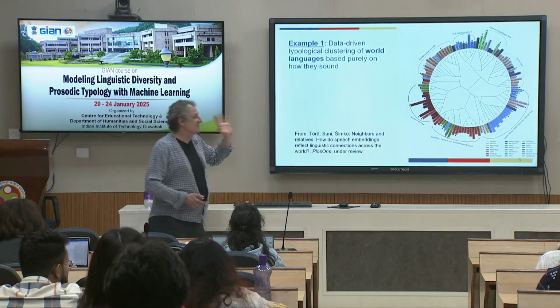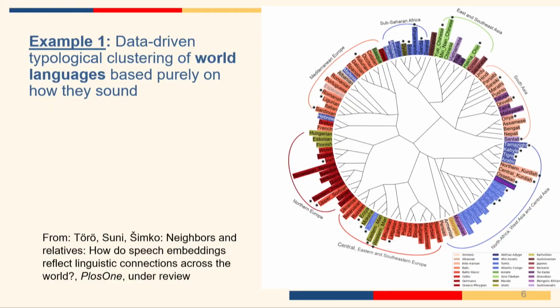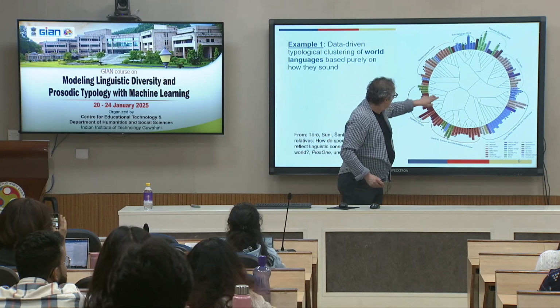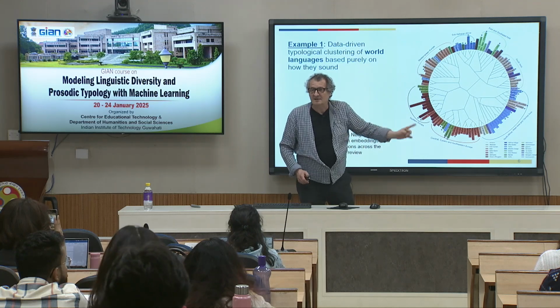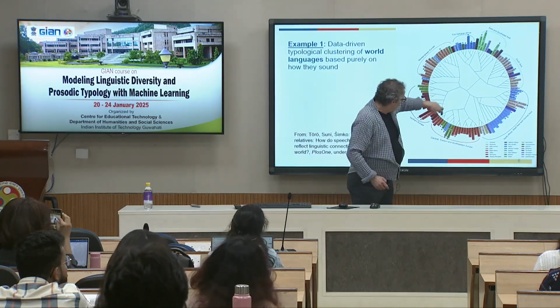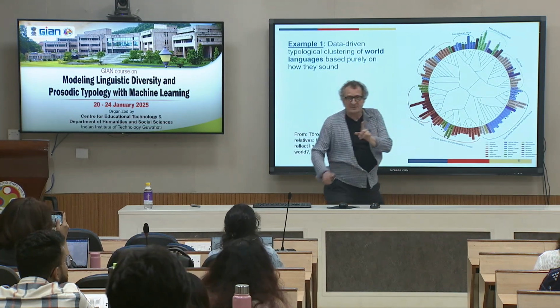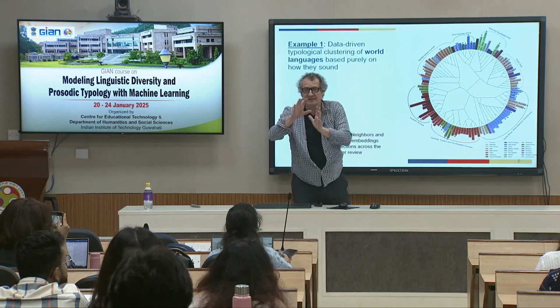So now this is the result. I'm not going to go through the process. I don't know if you can see it very well, but this is a circular dendrogram, where the leaves are the languages. When the leaves are together or on the same branch, they are more related.